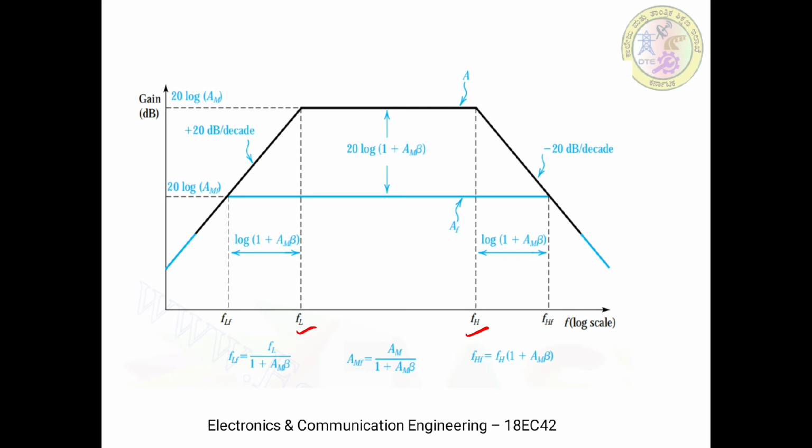Here we can see that Am is nothing but the mid frequency gain. FH is multiplied by 1 plus Am beta, whereas FL is divided by 1 plus Am into beta. So equations 4 and 8 are represented in the frequency response graph. This is regarding the bandwidth extension of the feedback amplifiers.